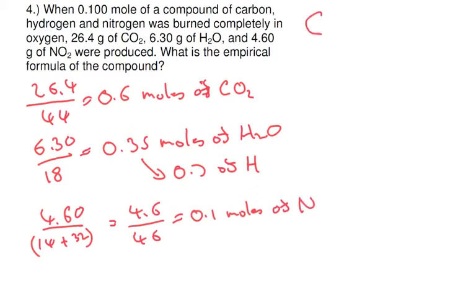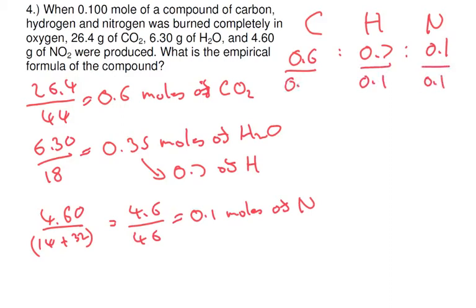So we've got C, H and N. We've got 0.6 moles of carbon. How many moles of hydrogen? We've got 0.7, and of nitrogen we've got 0.1. So dividing by the smallest number, which is nitrogen, we're going to get our empirical formula for the compound, which is going to be 6, 7 and 1. So C6H7N, and that's our final answer.